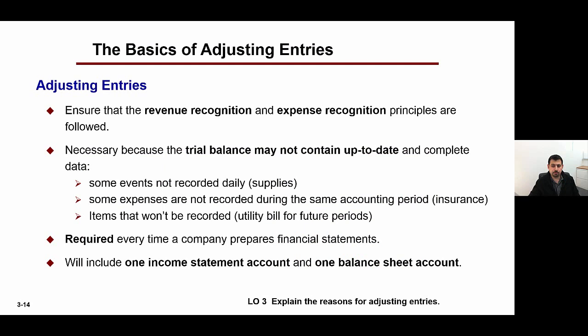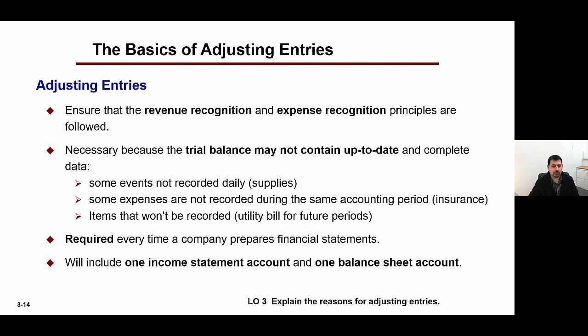So under the accrual basis accounting, we need to record revenues and recognize expenses in the periods where they are earned and incurred respectively.